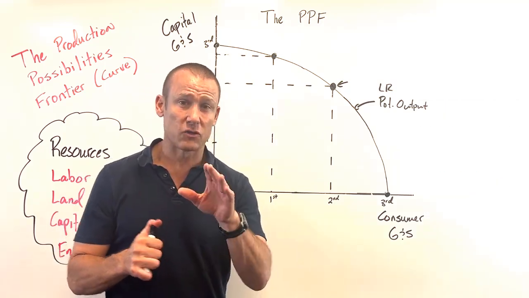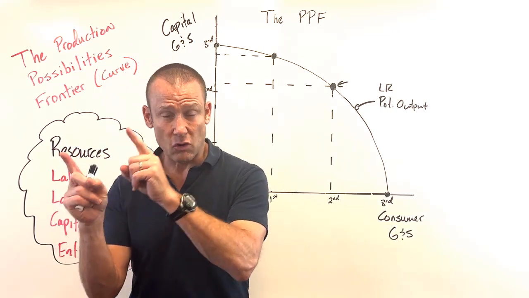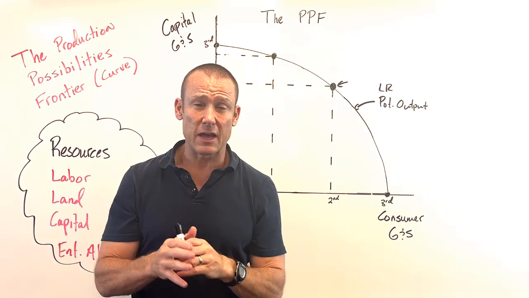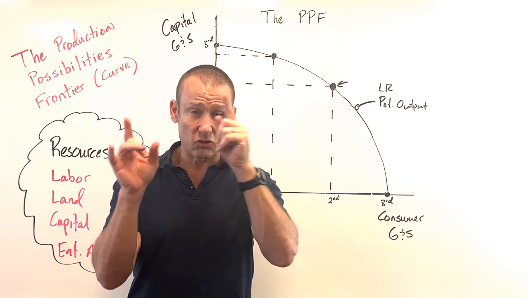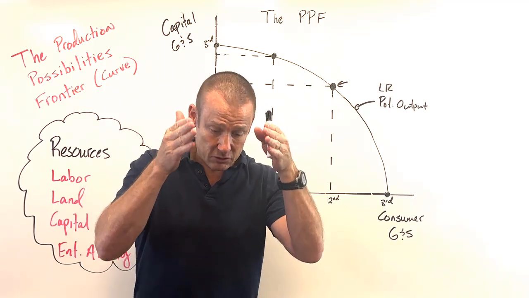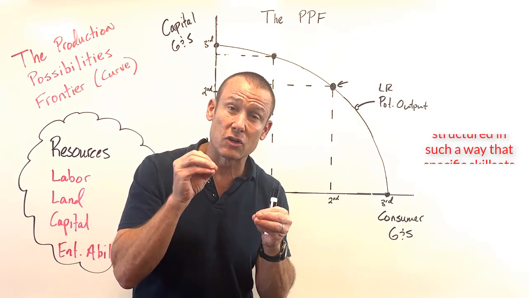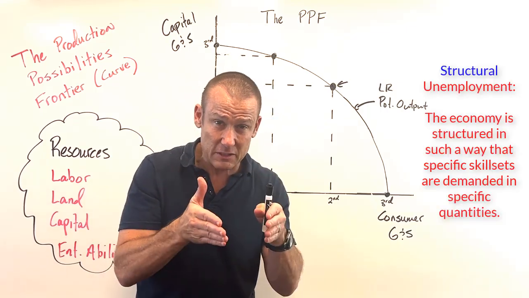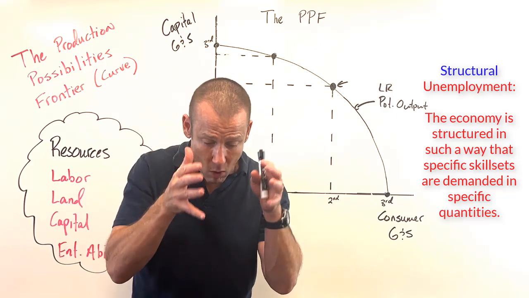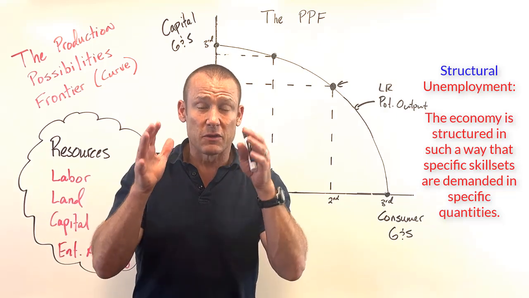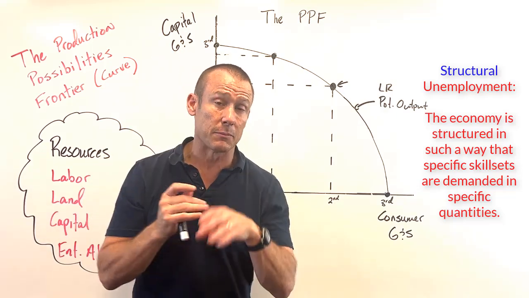Structural unemployment, okay? Structural unemployment is talking about the structure of the economy is such that at any given time, there's certain skill sets that are in demand, and those skill sets are demanded in certain quantities, right? We've got specific skill sets that are in demand, and the quantities that we're demanding them is based on the structure of the economy. But what's happening?